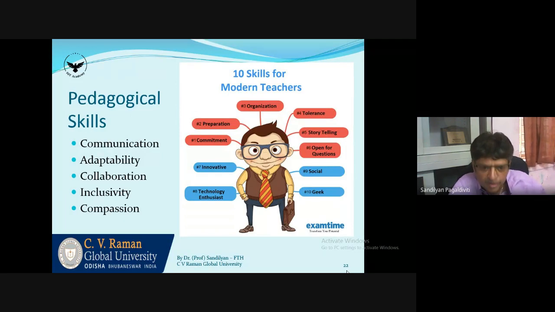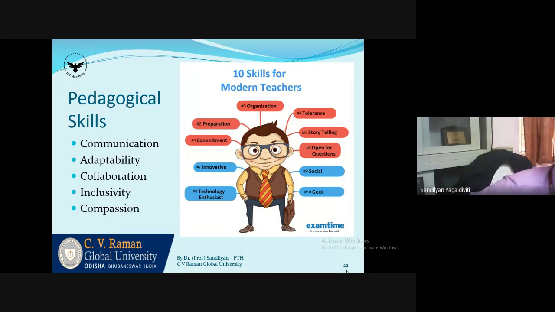That means fast at using this SMS lingo and all this sort of technical jargon. So earlier, the teacher needed only the red highlighted skills. But today you need to be updated with all these skills also.